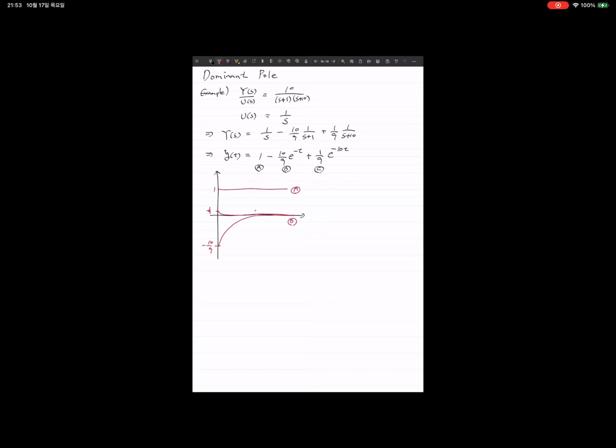So this is C. Then the total response is from here and looks like this one. So this is the total response y of t.